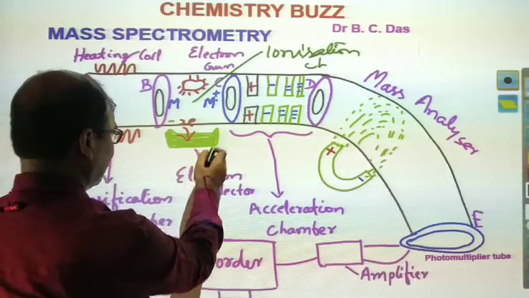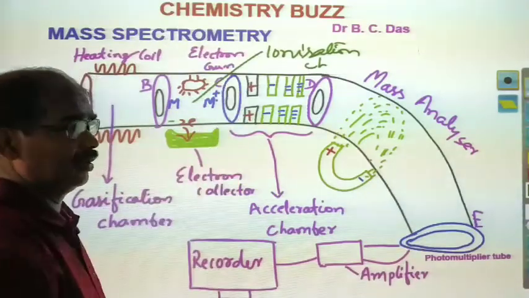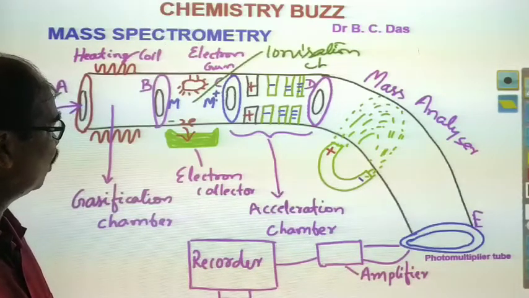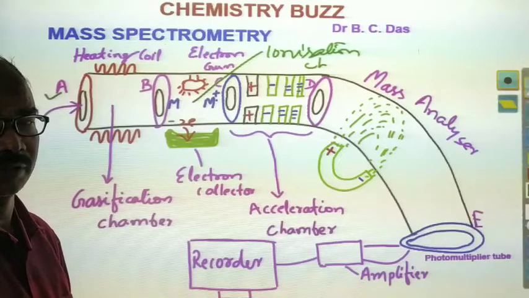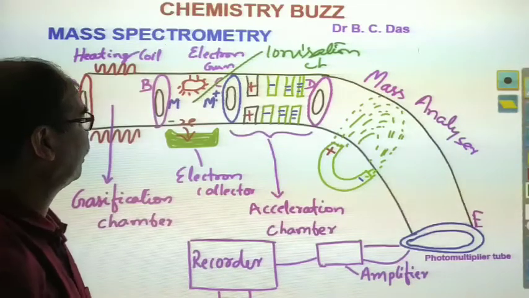These electrons are collected and fit for recycling, because otherwise a huge amount of electrons will be available there.